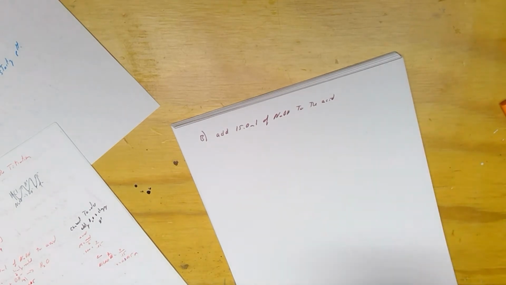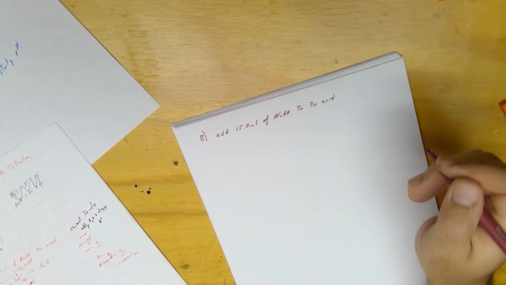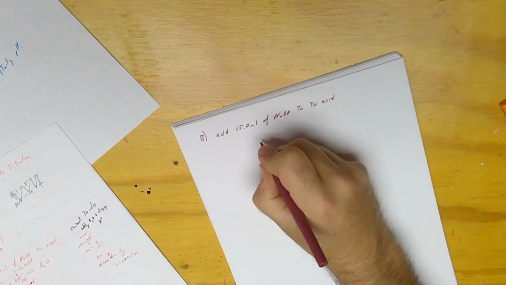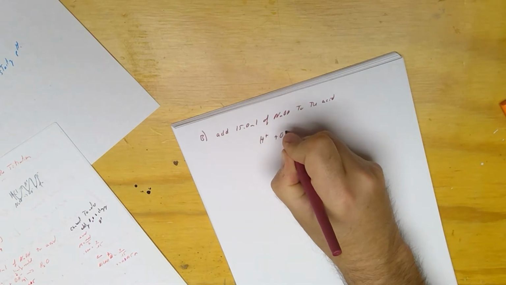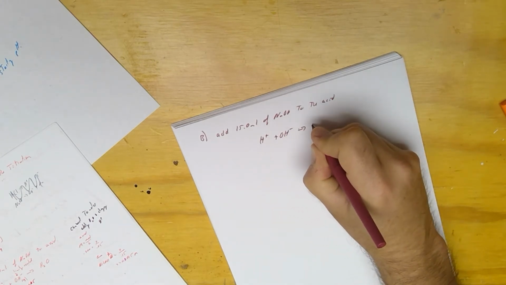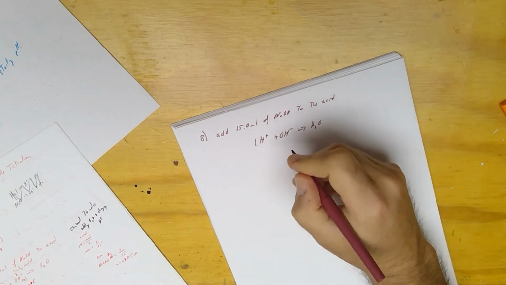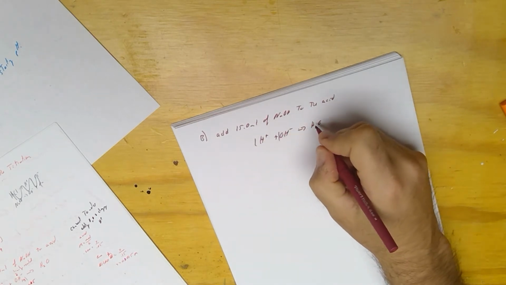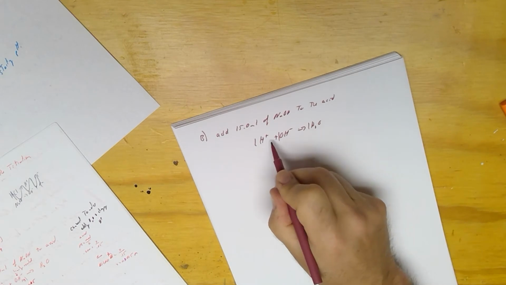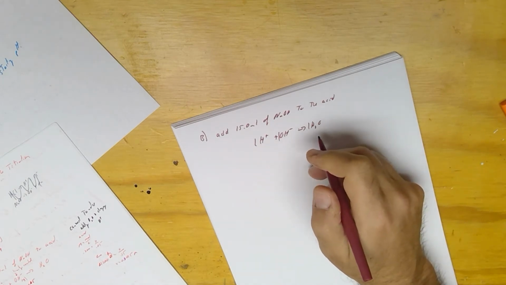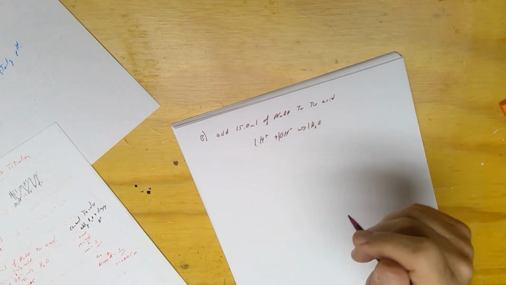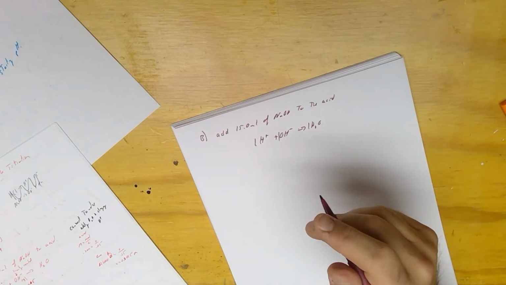Now, remember, okay, we're using moles here. We're using the idea that 1 mole of this plus 1 mole of this will produce 1 mole of this. So we're comparing in moles, right? So we're going to have to be in moles.